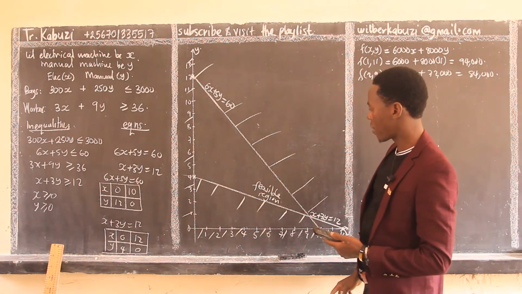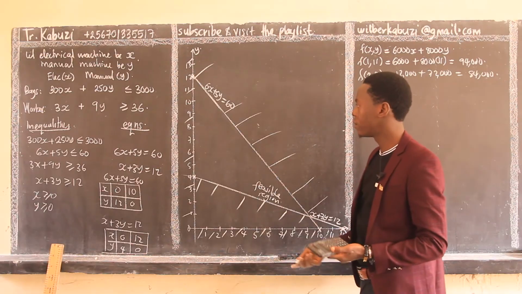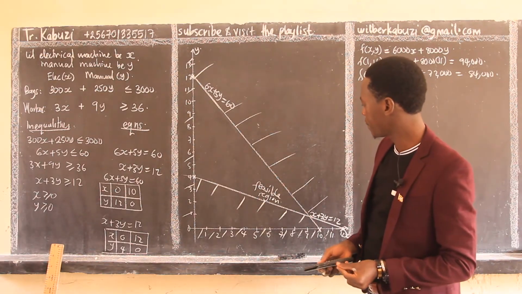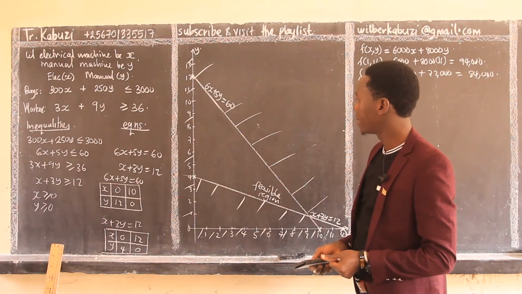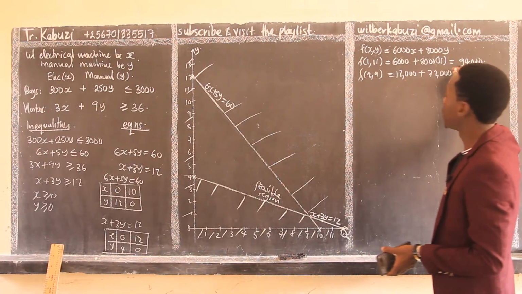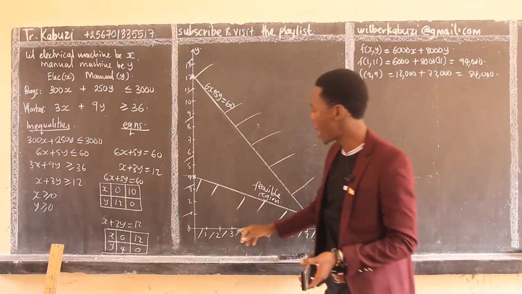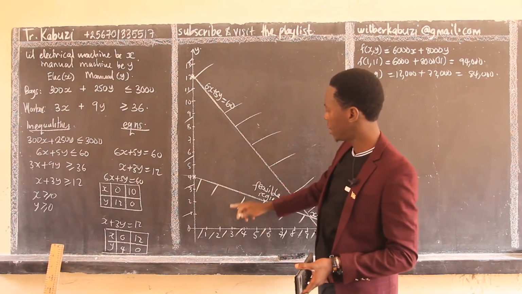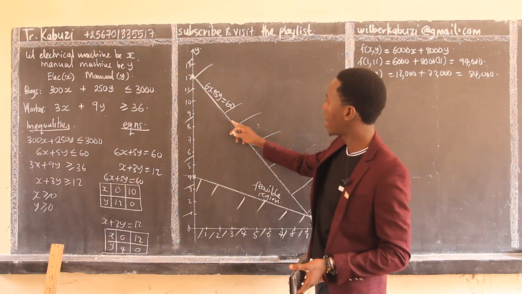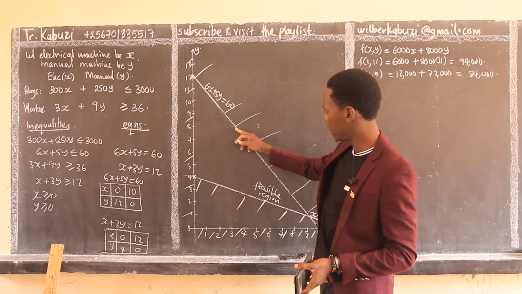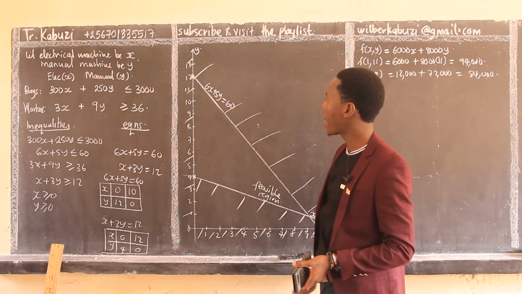So you can come and try also 5. It won't give you the optimal solution there. So that means my highest I can get is 94,000. Maybe you can try 3, 9. When you try 3, 9, I don't think it can work. 4 can't work because it's going to be here.